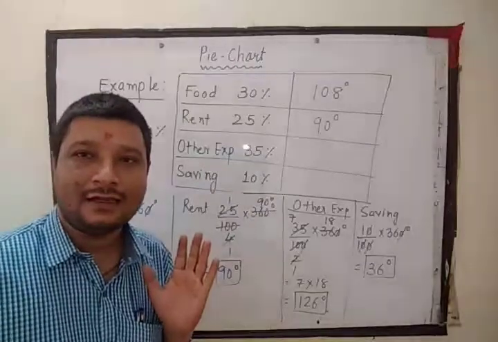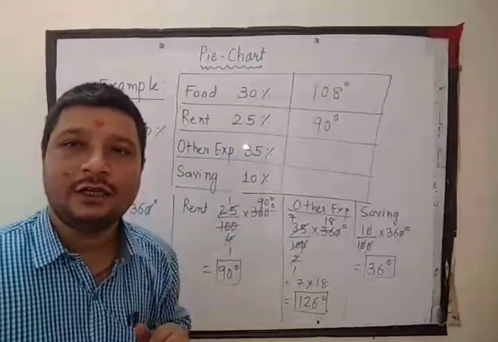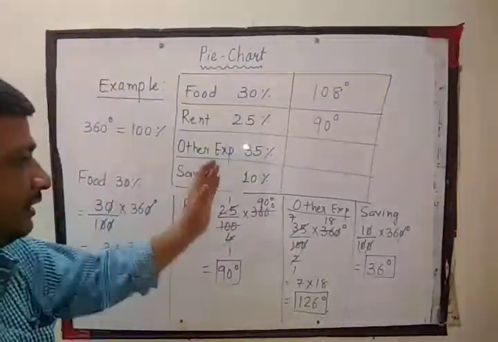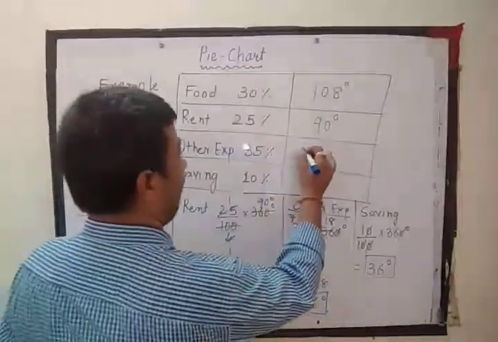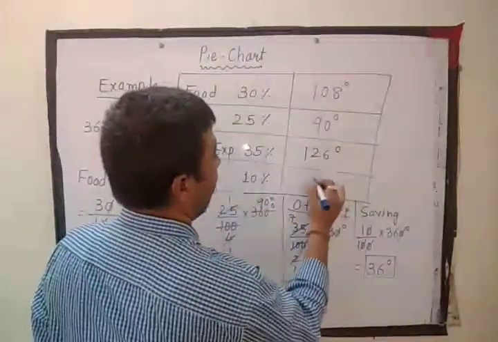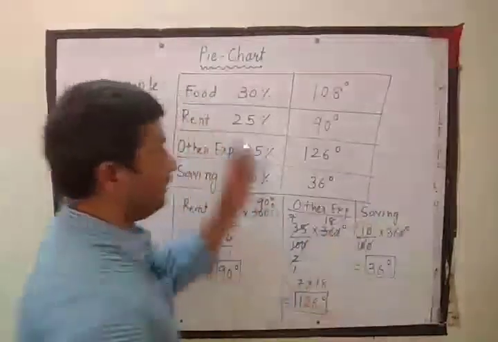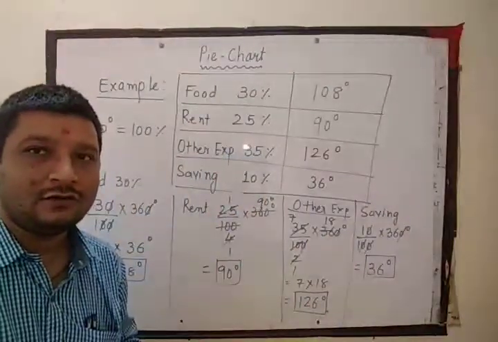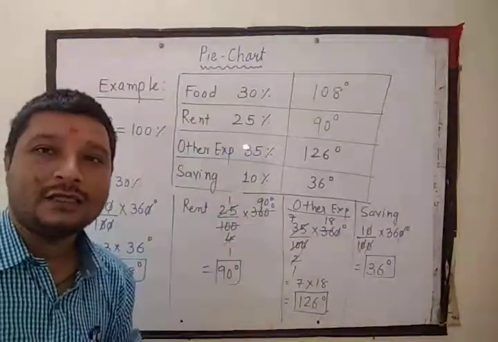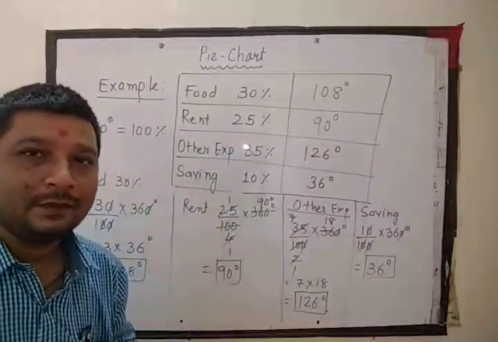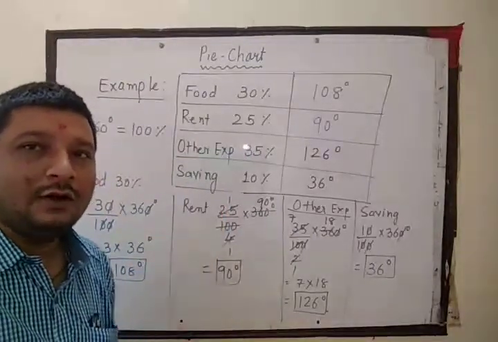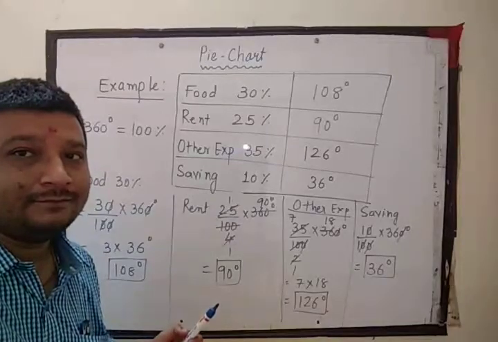Now proceeding further, using this data, first of all we write down 126 degrees and here 36 degrees. So please remember, and we want to proceed further: how to draw a pie chart based on this data. Clear? So let me erase it and proceed further.